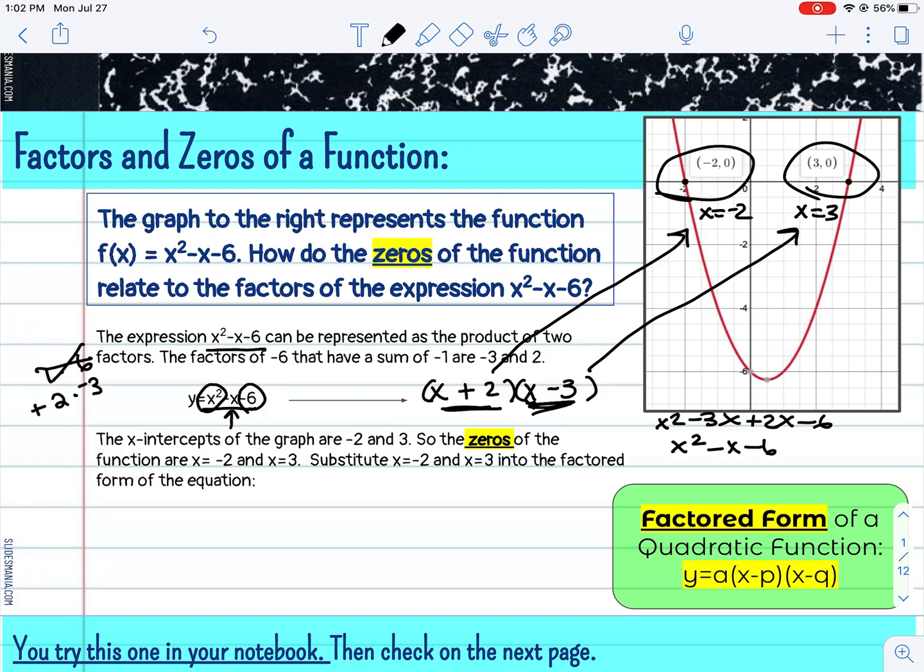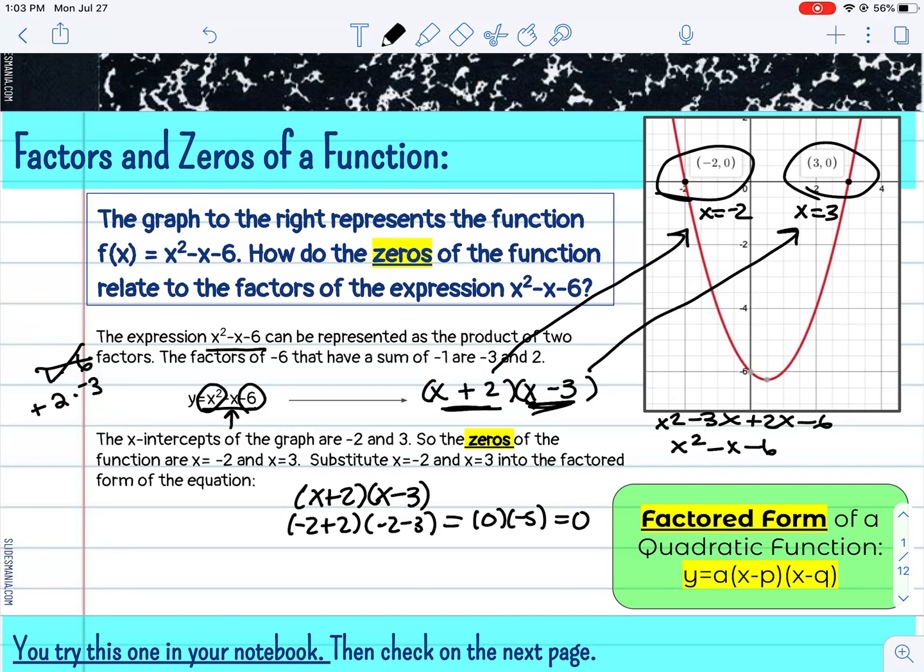Now, to further these relationships, if I take my factored form and I use one of those zeros that are on the graph, let's say I pick -2, and I simplify that, you can see you would get 0 times -5, which is 0.